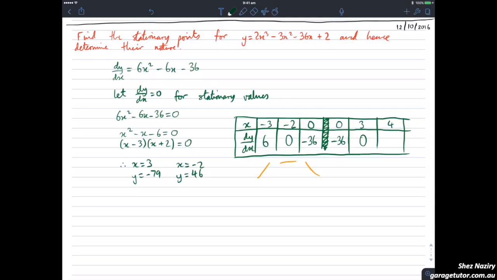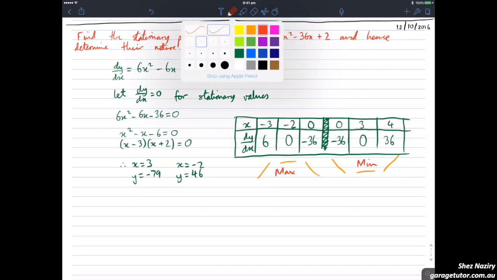And then someone test 4. 36 again? This one's 36? Yeah? Okay. Well, there you go. Did the signs change from here to here? Yes, they did. So this is a negative gradient, 0 gradient, positive gradient. And look at that. Can you see clearly how it works, guys? This is a max. That's a min.